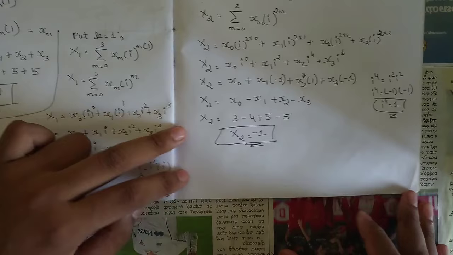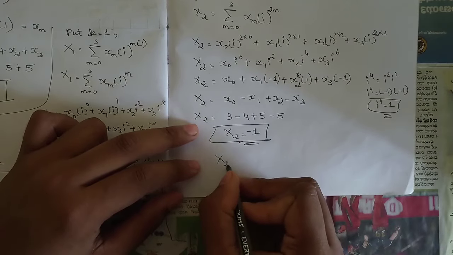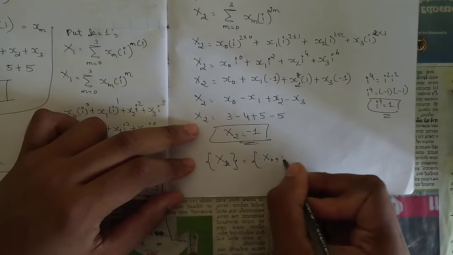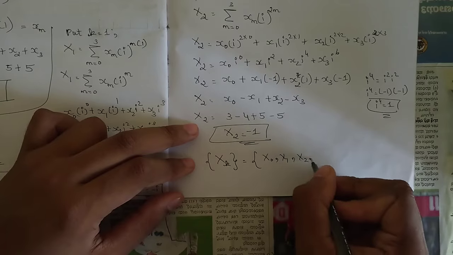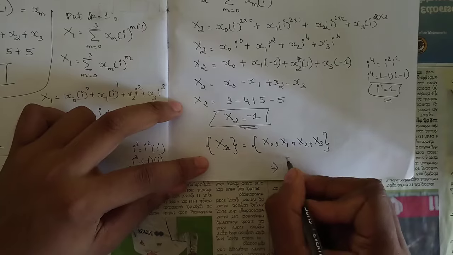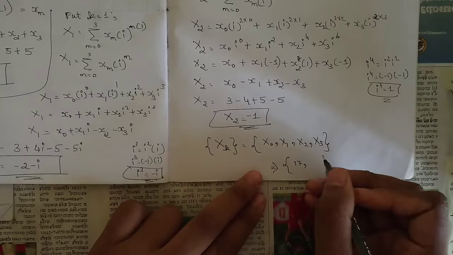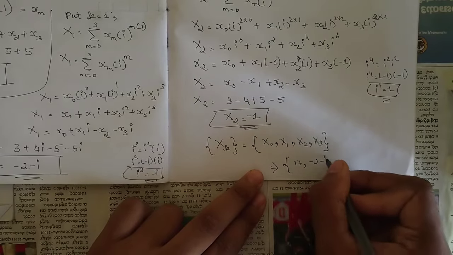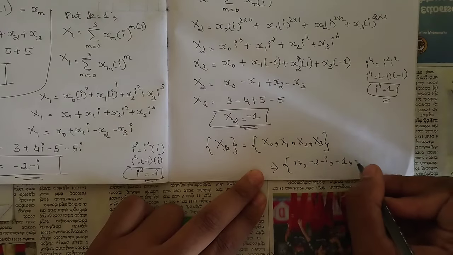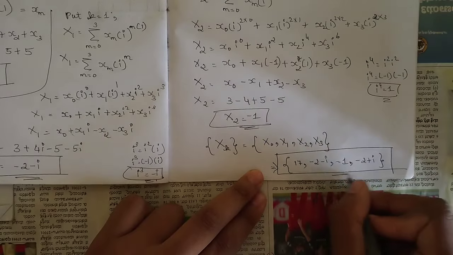Now we'll write the discrete Fourier transform sequence, that is capital Xk, which is equal to x0, x1, x2, x3. The final sequence is: x0 is 17, x1 is minus 2 minus i, x2 is minus 1 and x3 is minus 2 plus i.